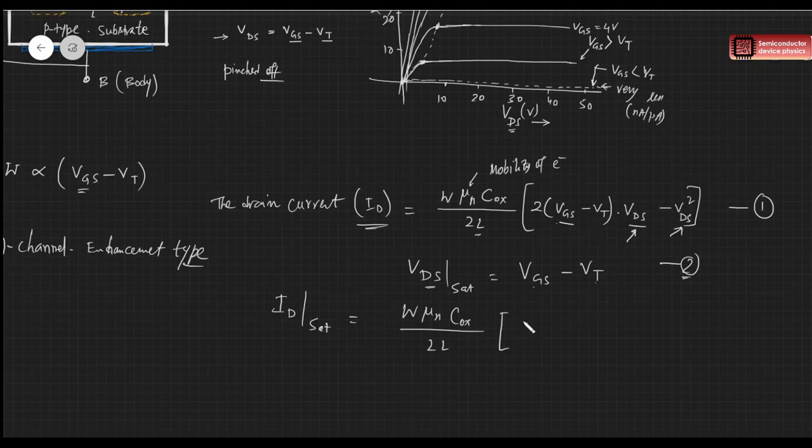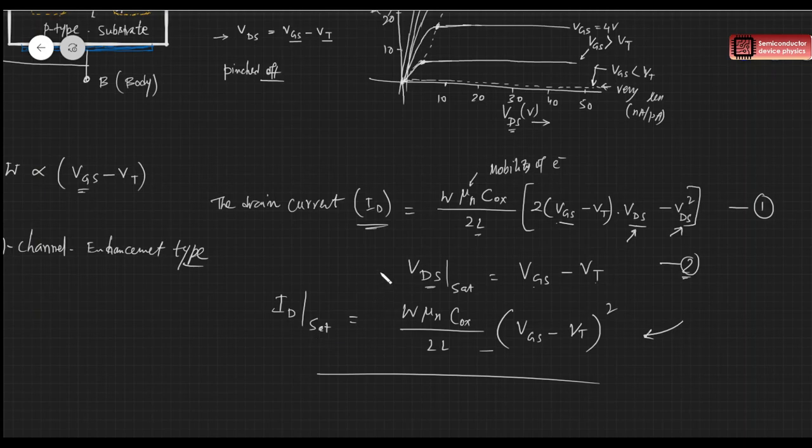So only one term will survive, which is VGS minus VT whole square, and just take the same bracket. So this will give us the drain saturation current.